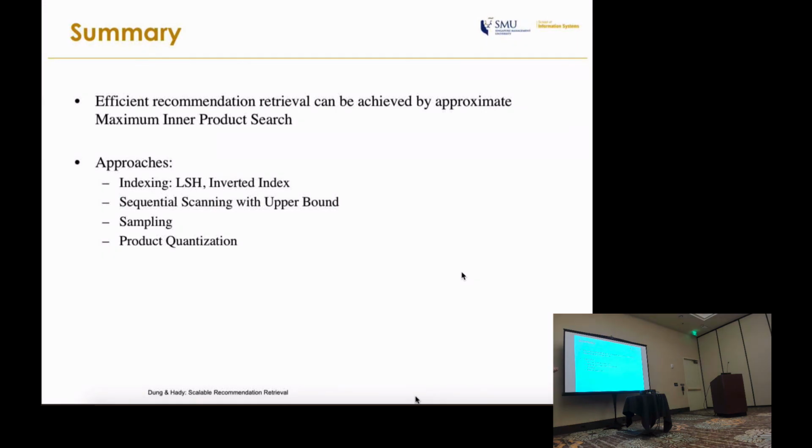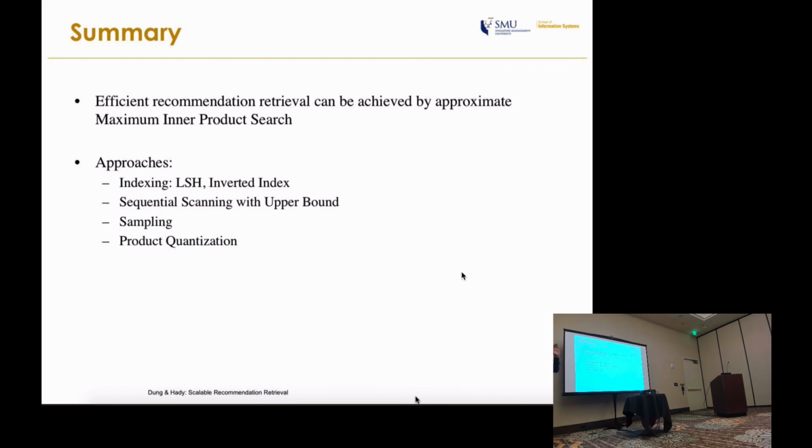So yeah, with that, I would like to end part one, which is the approach of solving maximum inner product search approximately. With this approach, it can be seen as a flexible way to do recommendation retrieval.